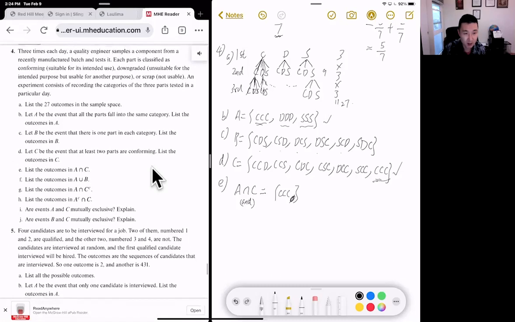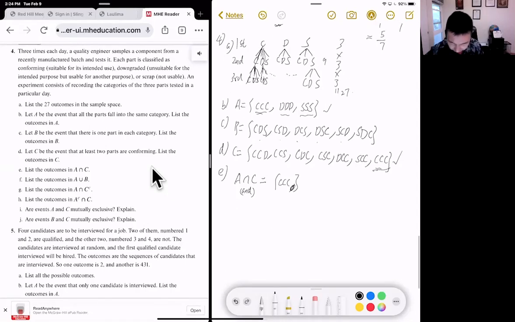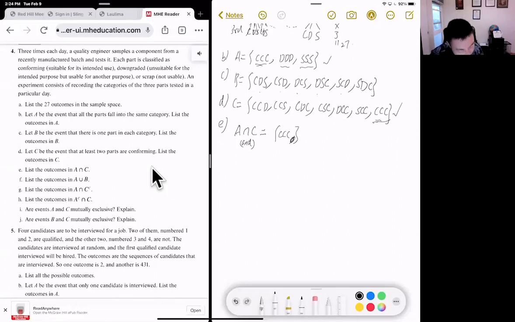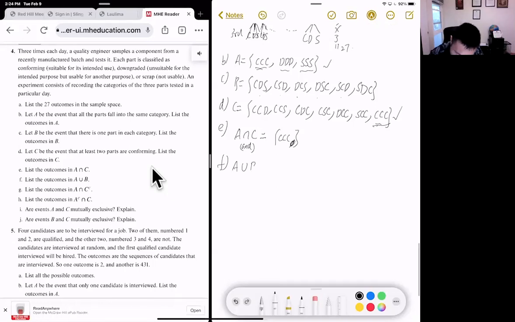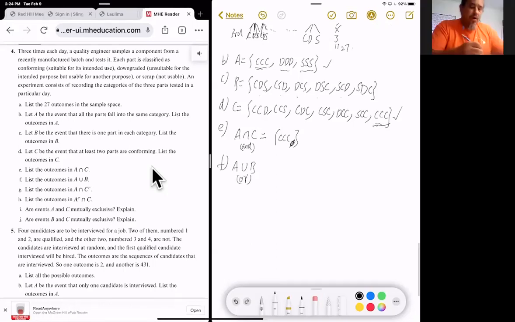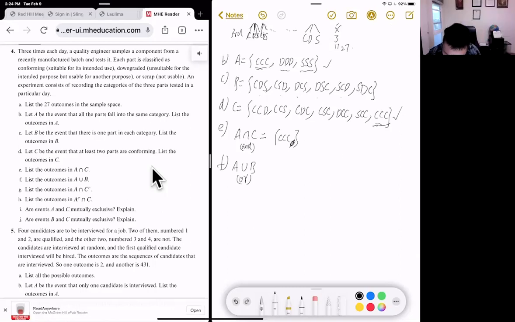F. List the outcomes of A or B. The half circle facing up is or. If you see the Venn diagram with two circles A and B, anywhere inside these two circles satisfies A or B. What is A and B?